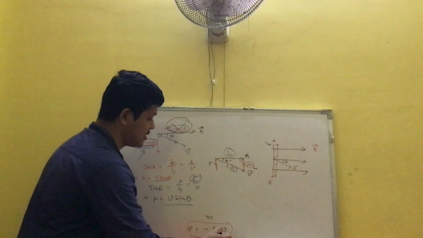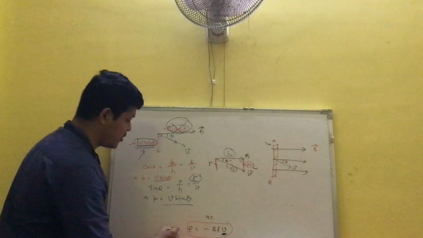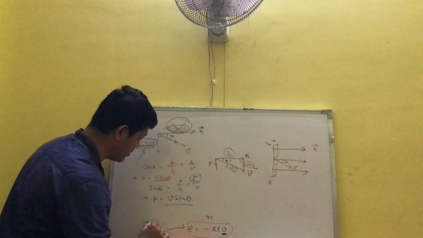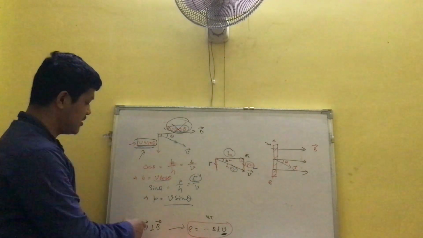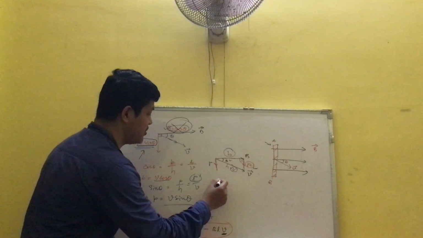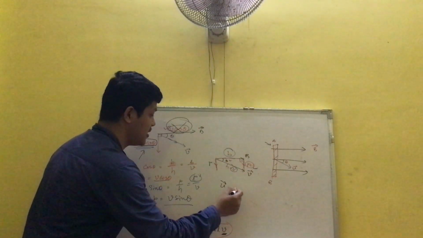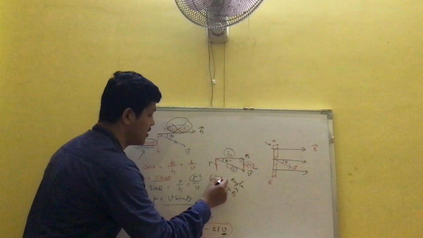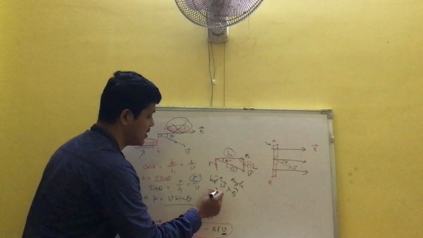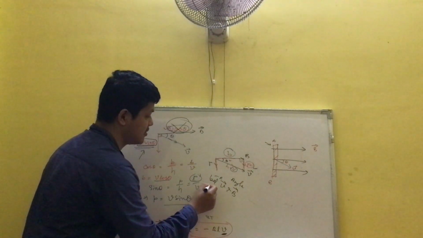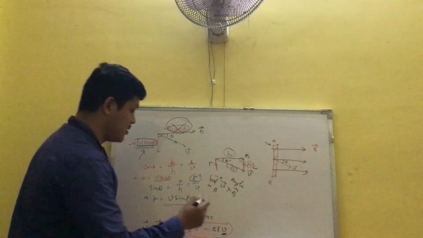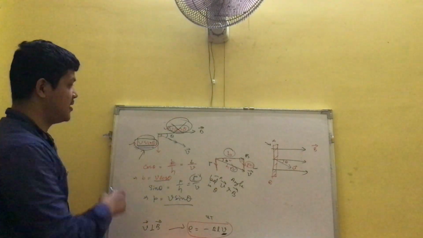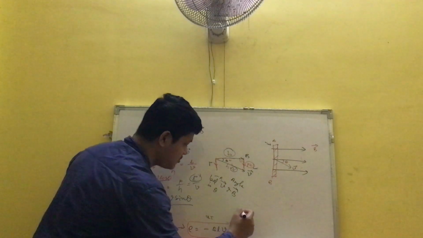This formula is correct for v perpendicular to B. But if the angle between v and B is theta, then this v should be replaced by this v sin theta component. Then what will you get?